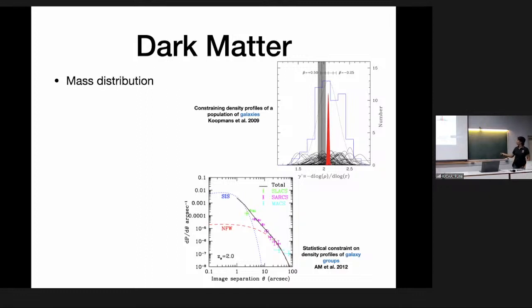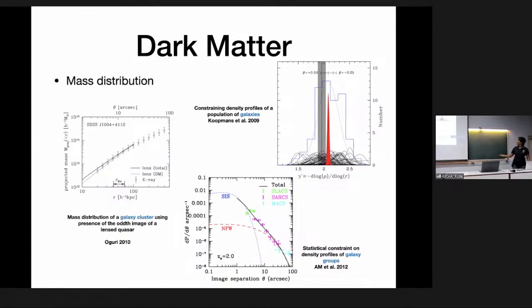And so this black curve is closer to how the mass distributions are in reality, and this is also evident by the consistency or the match between the predictions and the observations. So with this study, we could get constraints on the mass distribution of galaxy groups by comparing with these observations. This was one of the first studies where we could do this using strong lensing and get constraints on the mass distribution of galaxy groups.